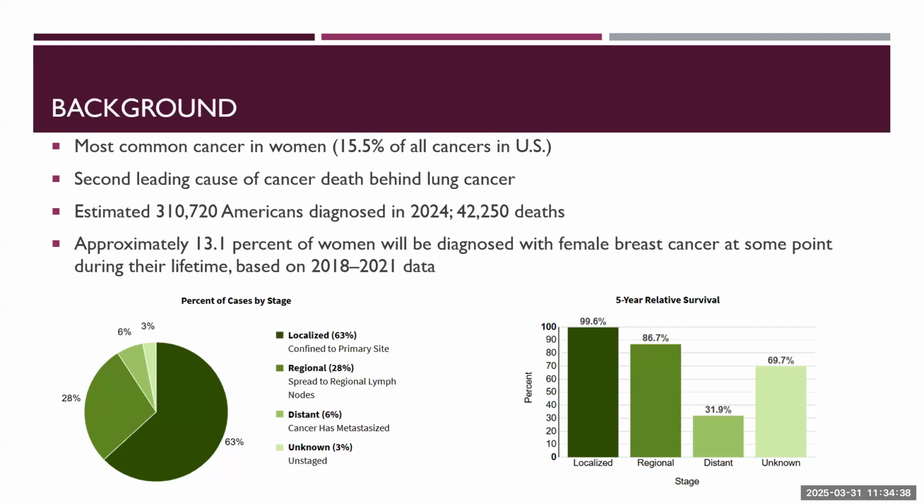And then when you get into distant or metastatic disease, that 5-year relative survival goes down significantly at 31.9%. So this is important to know that a lot of times we're catching it early, which is great, but if they do have metastatic disease, the outcomes and their chance of surviving are significantly lower.